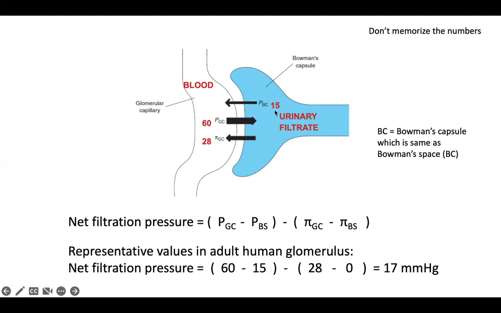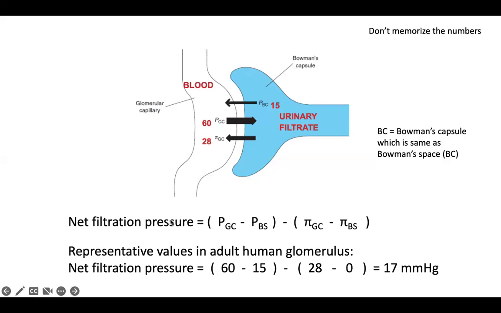And then you have the pressure from the Bowman's capsule, or Bowman's space, the hydrostatic pressure that's also pushing fluid back toward the blood space. And we don't see the colloid oncotic pressure for Bowman space because that's essentially 0. There shouldn't be proteins on this end.